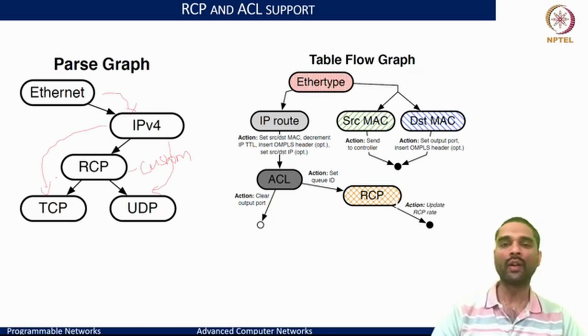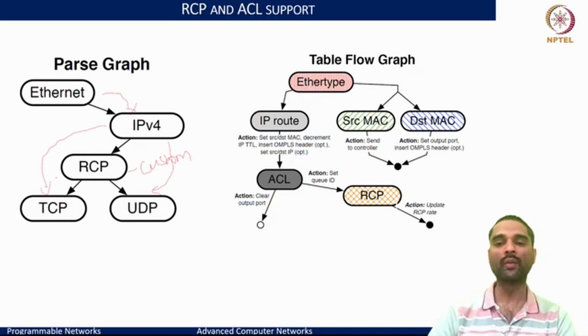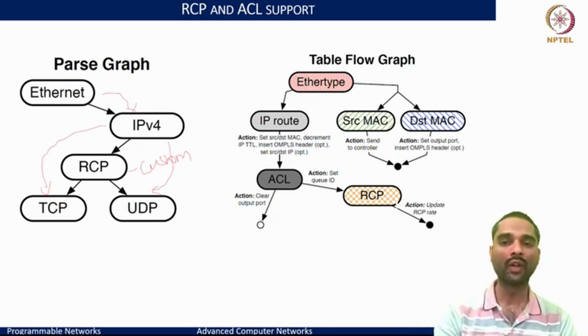graph. And for the corresponding parse graph, we could have the table flow graph which says if the packet were the Ethernet type with the IPv4 match, we would take the action set as setting the source destination MAC, decrementing the IP TTL, or inserting the MPLS headers, and likewise.